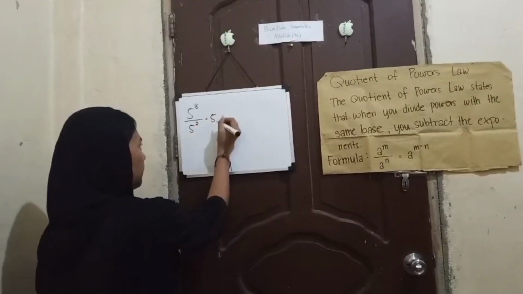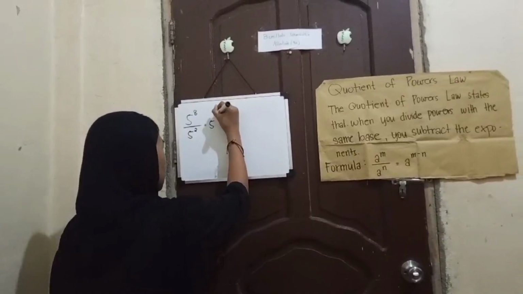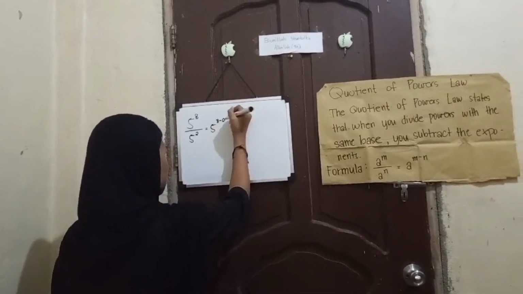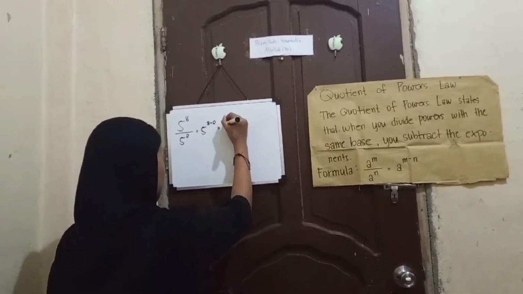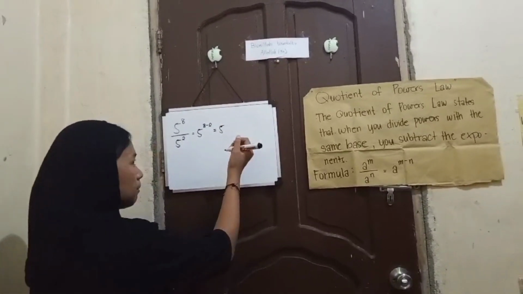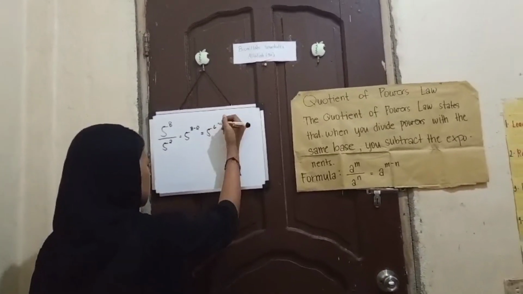Same base, so copy that base, and then 8 minus 2 is 6.